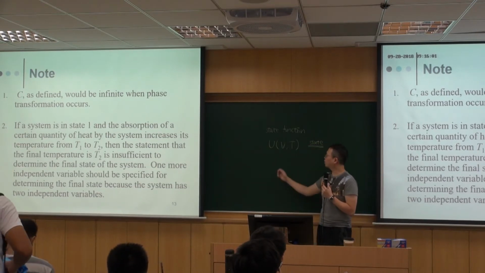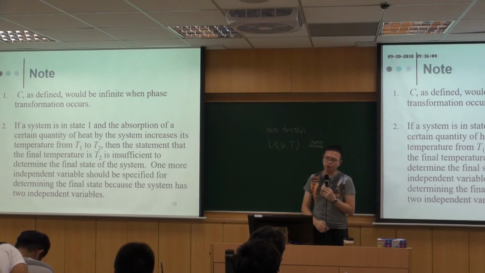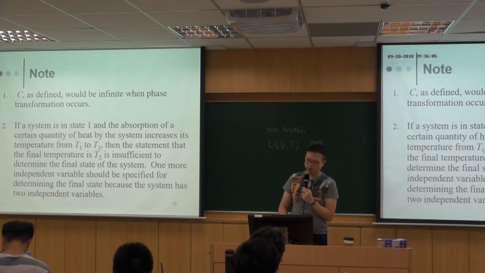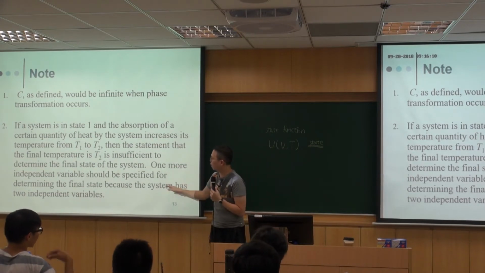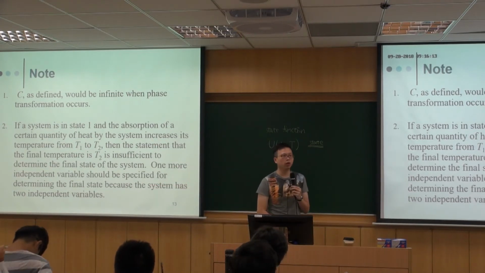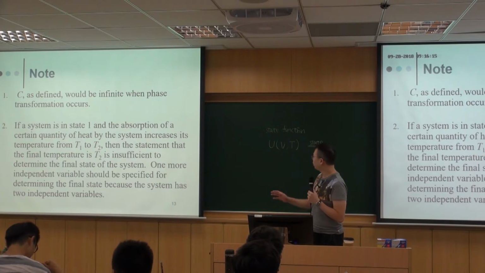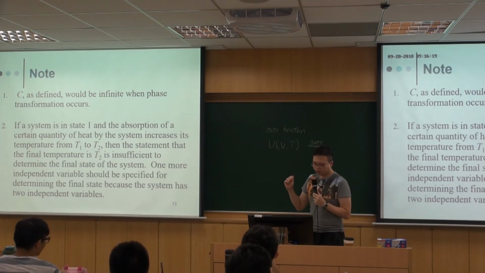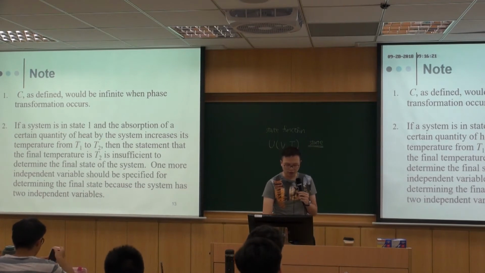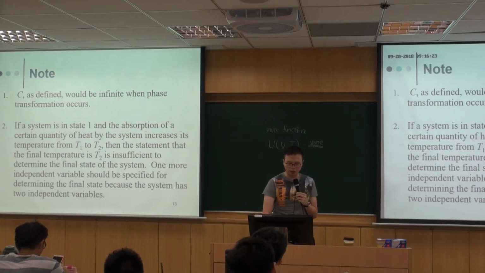So if you only know the temperature, then you won't be able to know the state of the system, because the system has two independent variables. So it is very common that you need two independent variables to determine the final state, or to determine the state.